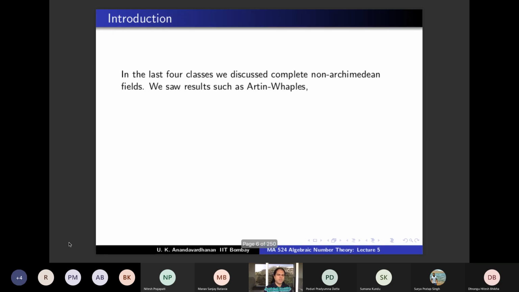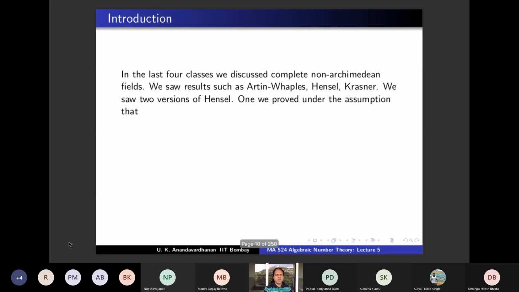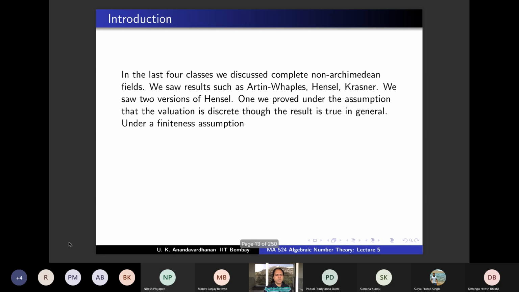Some names that we have seen: Artin-Whaples on absolute values, Hensel's lemma, Krasner's lemma, and in fact we saw 2 versions of Hensel, one in one class and another in another class. The second version we proved under the assumption that the valuation is discrete, though I did tell you that you don't need that assumption. It only made the proof easier. It is true for any complete non-Archimedean field. So these are the things that we have done.